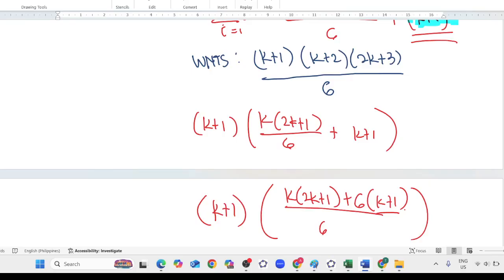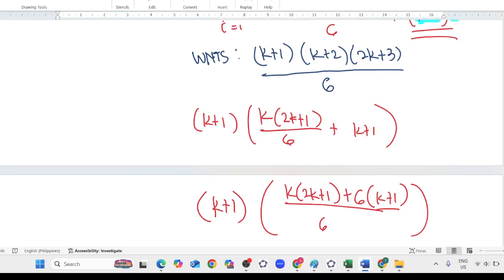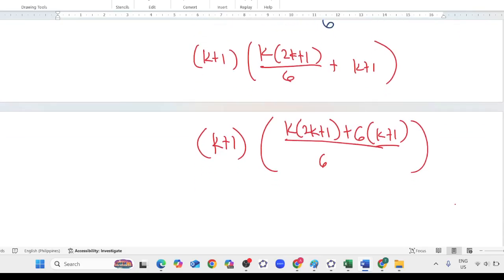So here, given this, k times 2k, this will become 2k squared. Okay, let's try that. So this one is 2k squared plus k plus 6k plus 6 divided by 6. Okay, so you can see a common term here, this one, 7k.